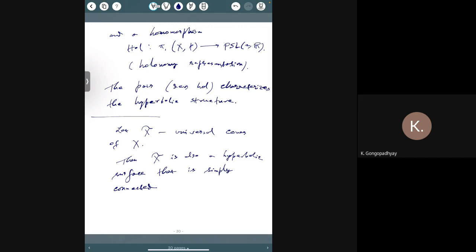This is a path connected space, right? So you choose a base point x naught in X tilde, and then you choose a path from x naught to a point x1 in X tilde.